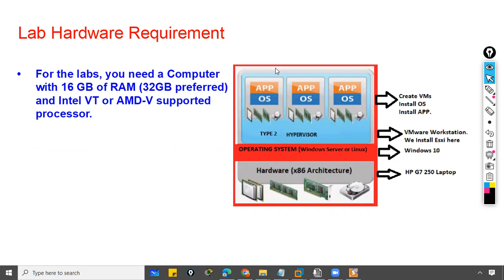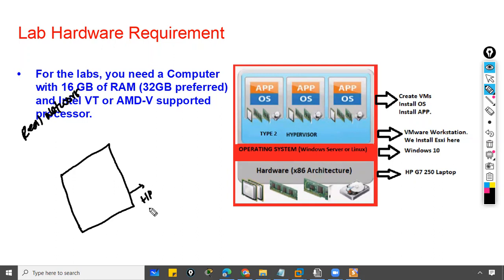So let us try to understand how our lab will be. In a real network, how will you do the virtualization? You will take one physical server. It can be HP server, Dell server.